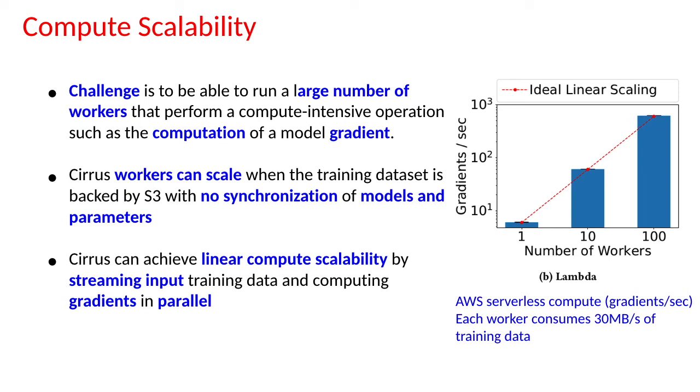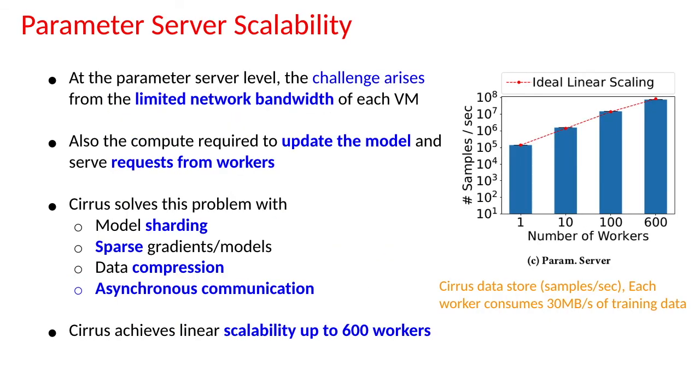Let's understand parameter server scalability. At the parameter server level, the main challenge arises from the limited network bandwidth of each VM, and also the compute required to update the model while at the same time serving requests from the workers. CIRRUS solves this problem with different components: model sharding, sparse gradients and models, data compression, and lastly asynchronous communication.